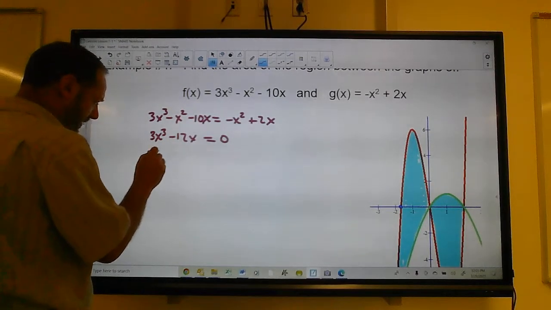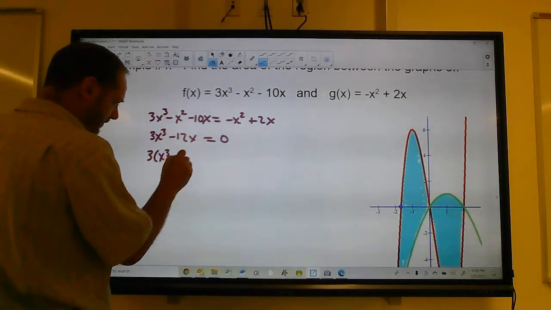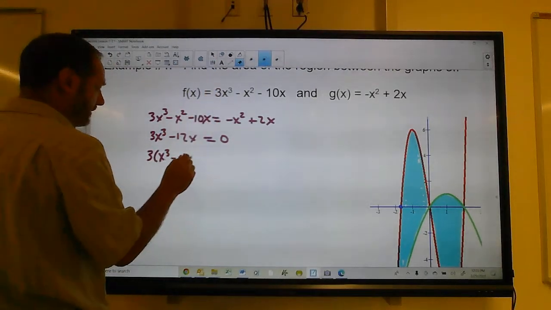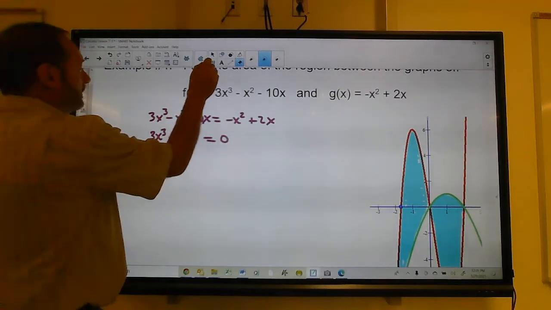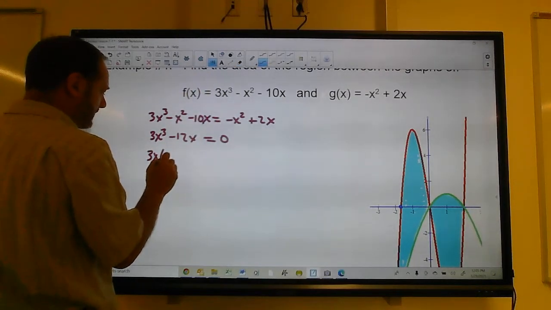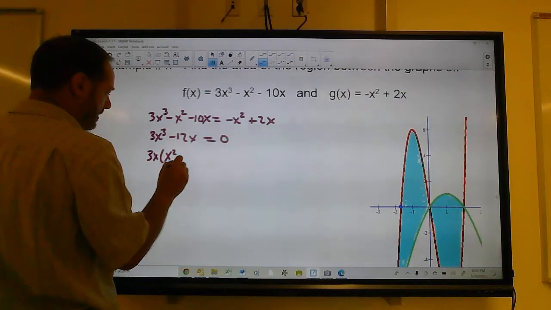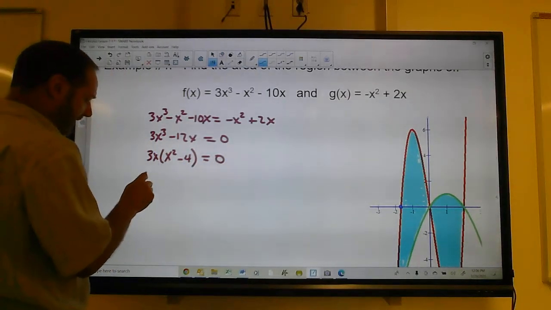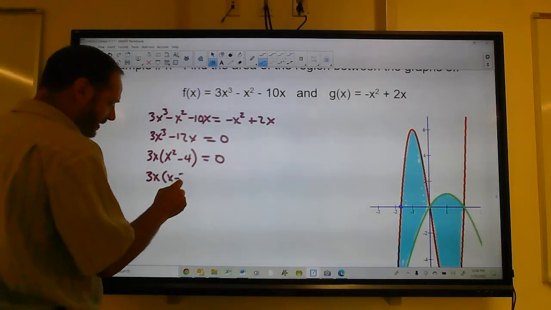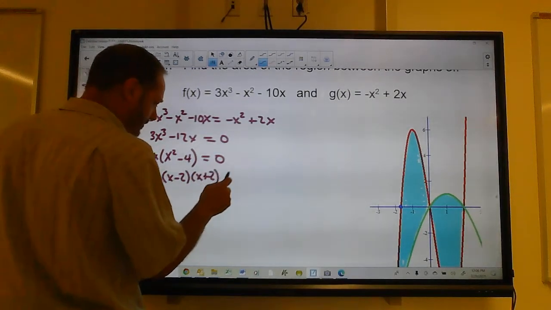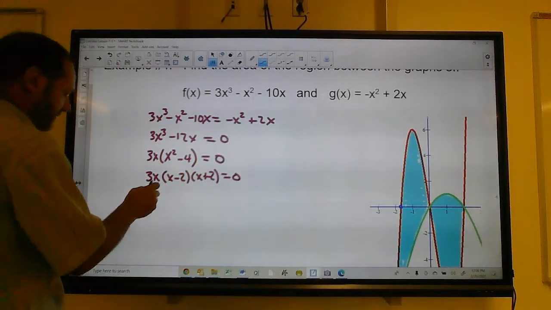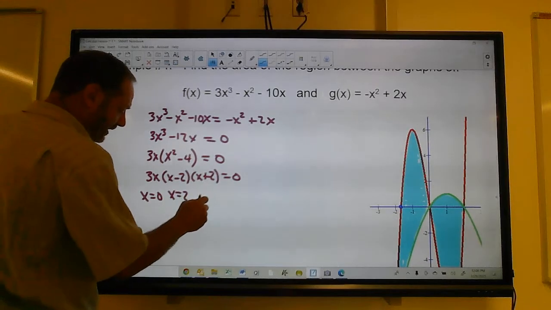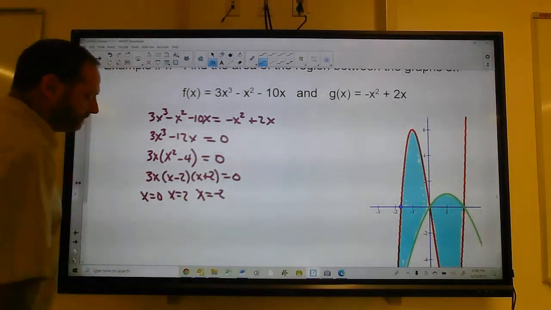I can factor out the 3 and an x. So that's going to be x squared minus 4. And then this will factor into x minus 2, x plus 2. So I got 3 zeros. I got a 0 at 0 for this one. I've got a 0 at 2 for this one. And I've got a 0 at negative 2 for that one.